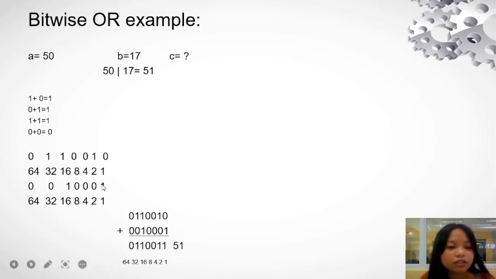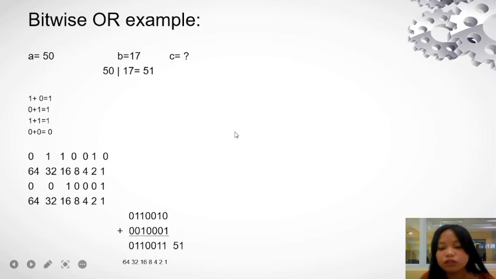This is the binary result: 0 0 1 0 0 0 1. If we combine these two binary results, this is the whole result: 0 1 1 0 0 1 1, and our decimal result is 51. So 50 OR 17 is equal to 51.